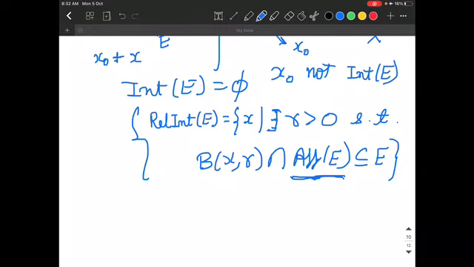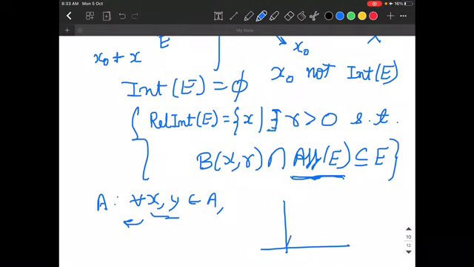So a set A is said to be an affine set if for all points x and y, a pair of points x and y belonging to set A, the line passing through x and y also belongs to A. So let's say this is x, this is y, and this line is x comma y.